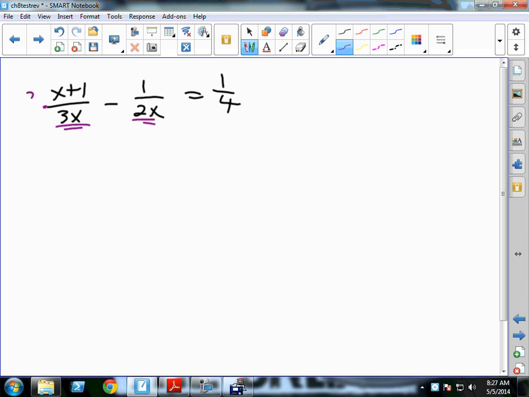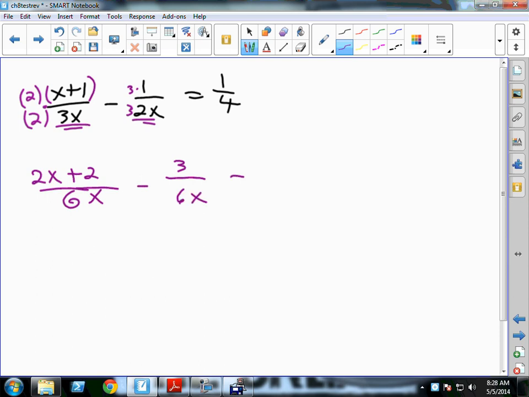So I'm going to multiply by 2 over 2 here, and over here, I'm going to multiply by 3 over 3. So what I get is 2x plus 2 over 6x, well, that's not plus, that's minus 3 over 6x equals a fourth.